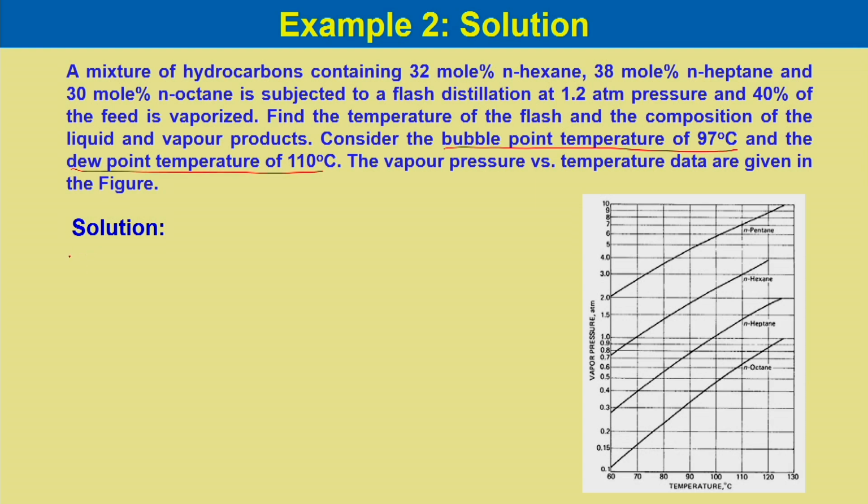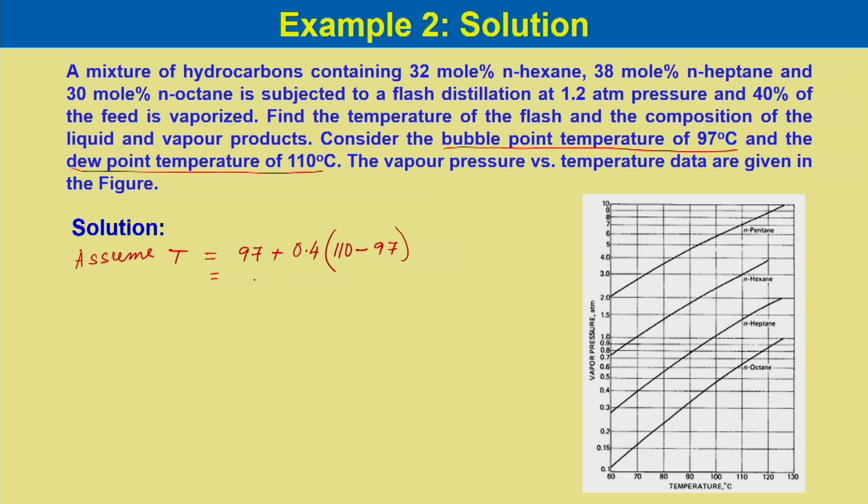Now, assume T, which is the flash temperature, would be equal to bubble point temperature 97 plus 40% is vaporized, that is 0.4, into the dew point temperature 110 minus 97, that is the bubble point temperature.